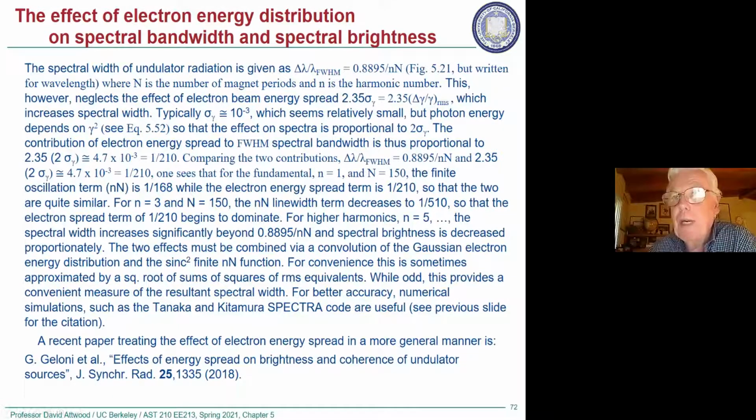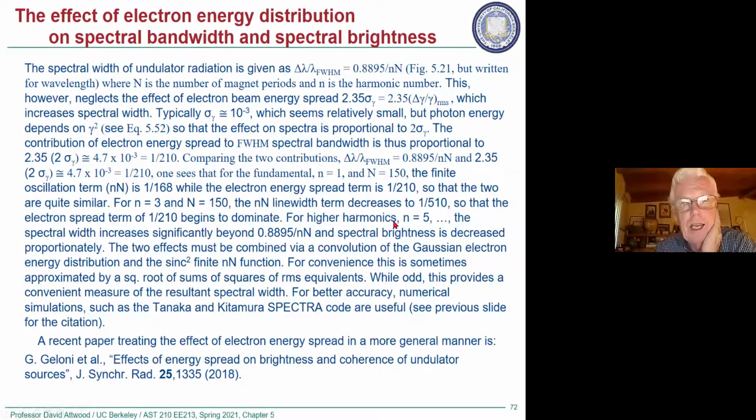There's a little spread to it. That happens because some electrons radiated more power and lost more energy, and so their value of gamma is a little lower. And we have that RF cavity to bring them back into shape again. But basically, there is some spread to it, and that will increase the spectral width of the radiation.